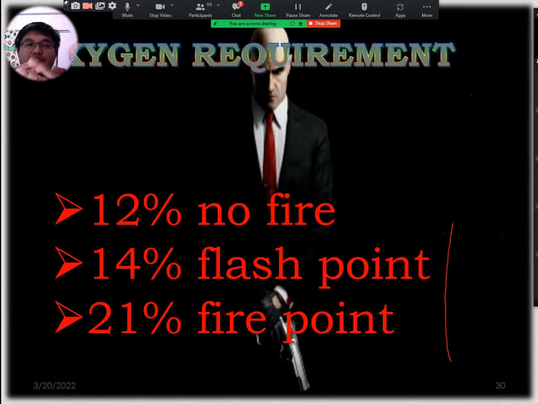The percentage of air that comes out there is an equivalent of 21%. Kaya makikita mo yung uling, pag hinihipan mo ng hangin, that is an equivalent of 21% of the air. Aapoy siya. Yan yung tinatawag nating flashpoint. Okay?